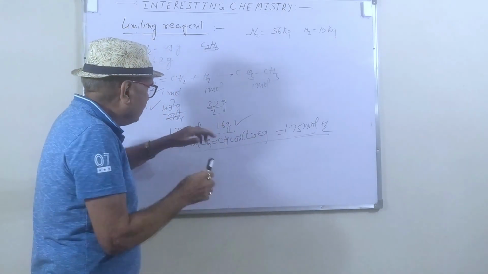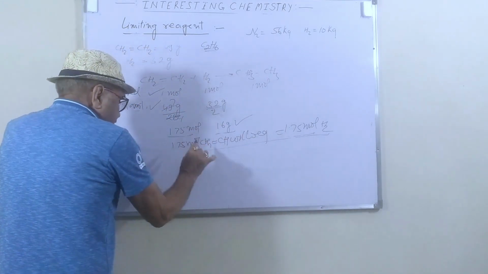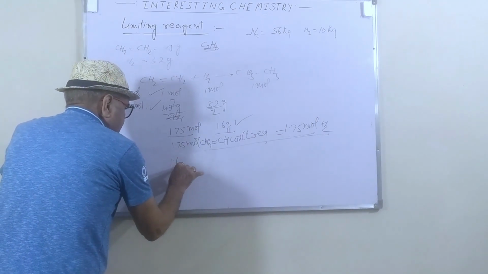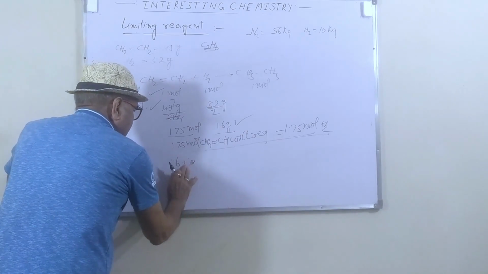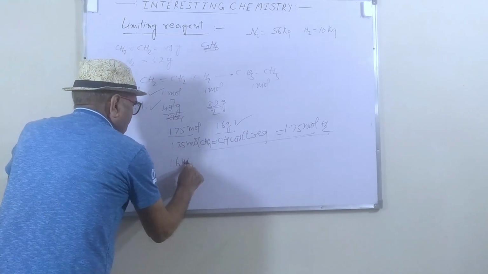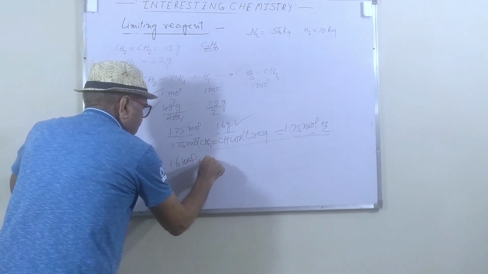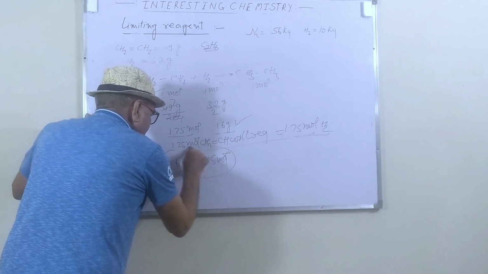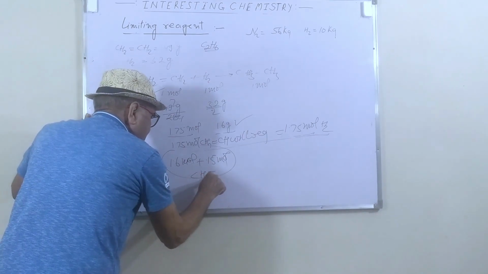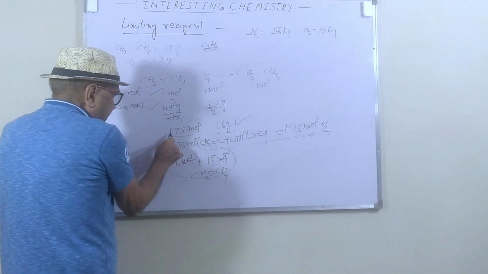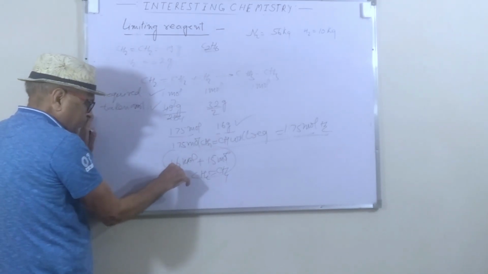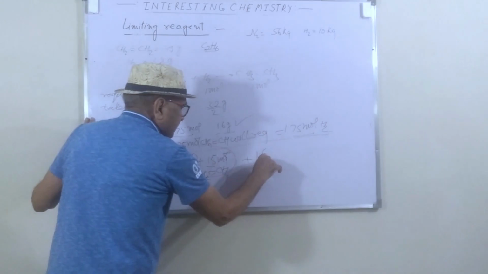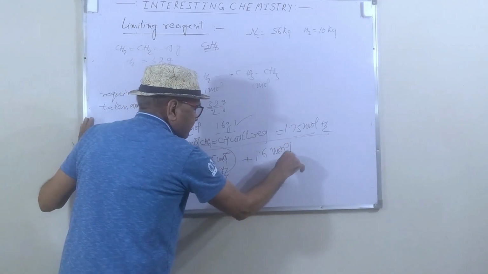So actually the 1.6 mole plus 0.15 mole of ethene here, CS2 double bond CS2. This 1.75 is equal to 1.6 and 0.15 plus 1.6 mole of hydrogen.